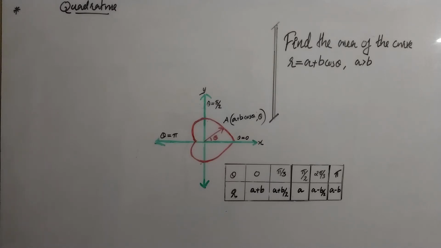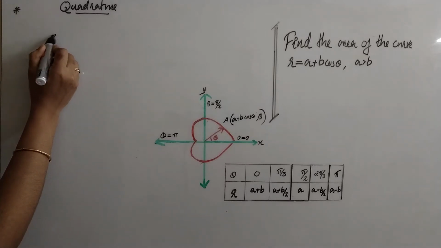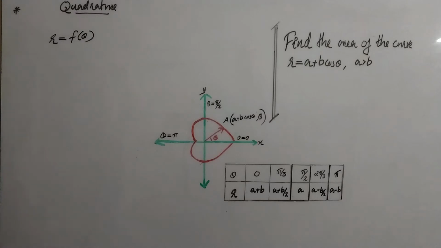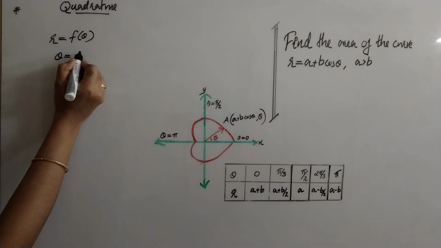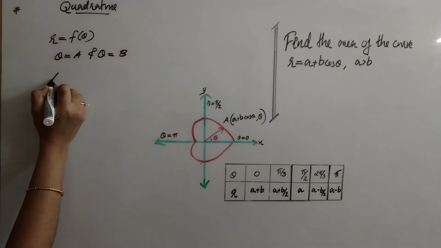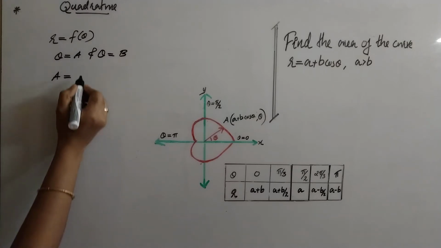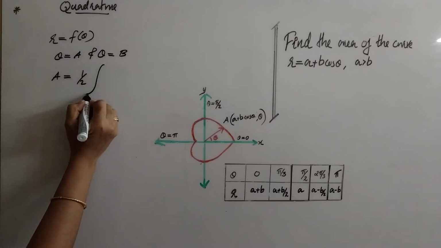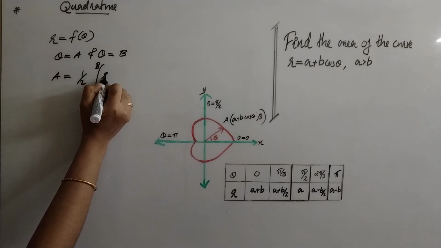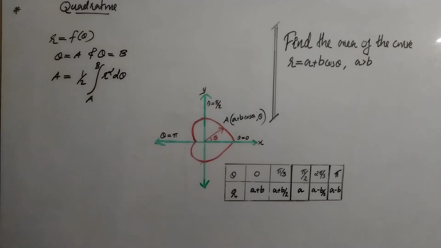Here the given equation is of the form r = f(theta). The area enclosed by the curve r = f(theta) and the two radius vectors theta = a and theta = b is given by A = 1/2 times the integral from a to b of r squared d theta.